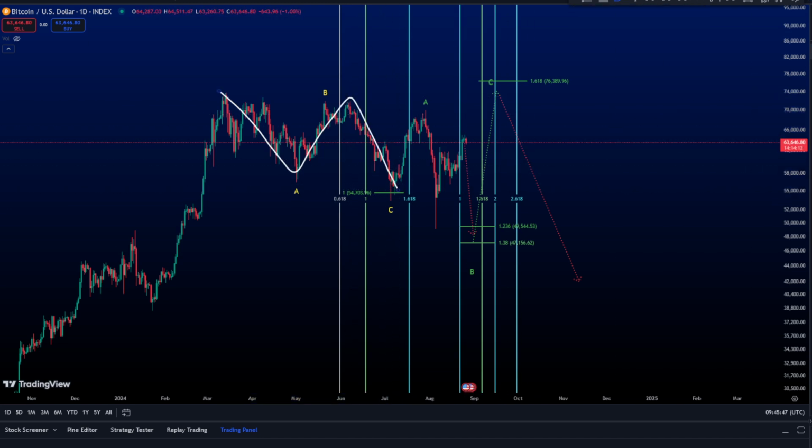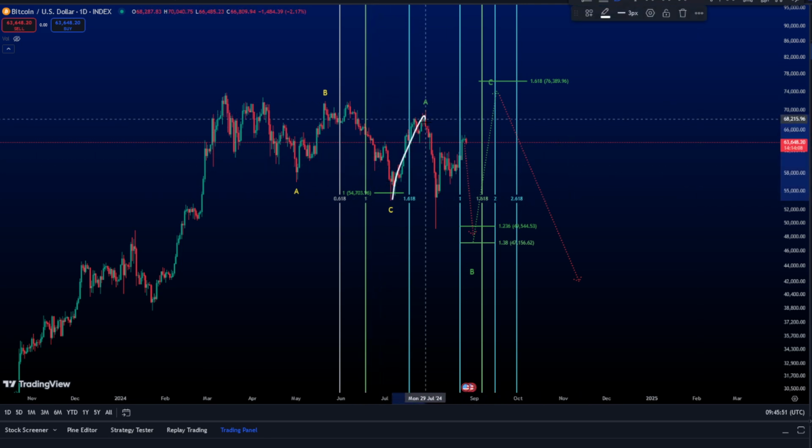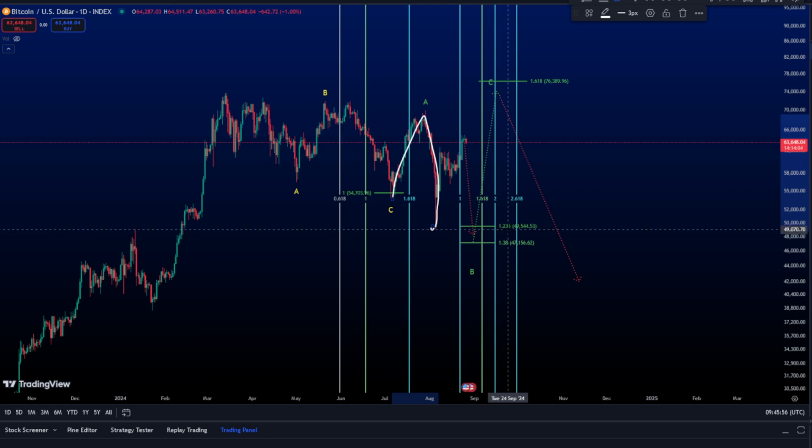And what we are looking for after the zigzag is another flat here, A, B, hitting exactly the 1.23 fib level, and looking for a wave C as an impulse.